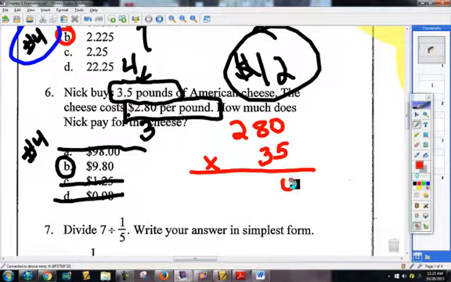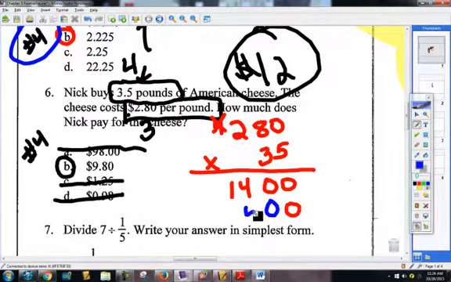5 times 0 is 0. 5 times... I did addition. I did addition 3 times. Okay, well, that's wrong. Okay, no, that's fine. Okay, you can do that. Okay, then 5 times 8 is 40. Carry my 4 there. 5 times 2 is 10, plus 4 would be 14. Right, everybody? Yeah. Get rid of your carries there. 3 times 0 is 0. 3 times 8 is 24.